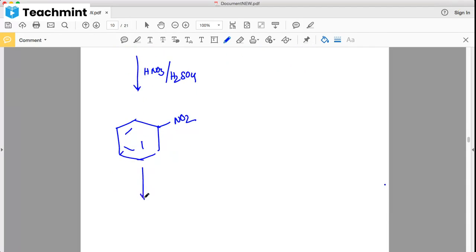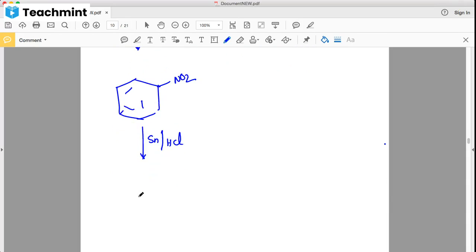This nitrobenzene can be reduced with tin and HCl, or lithium aluminum hydride, or Raney nickel with hydrogen.